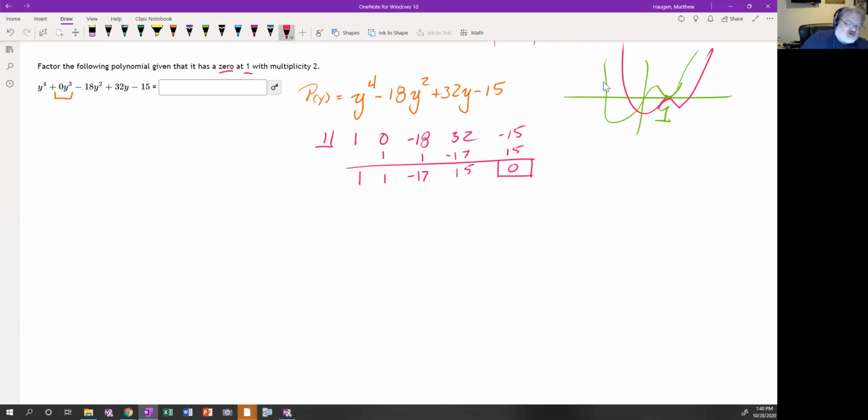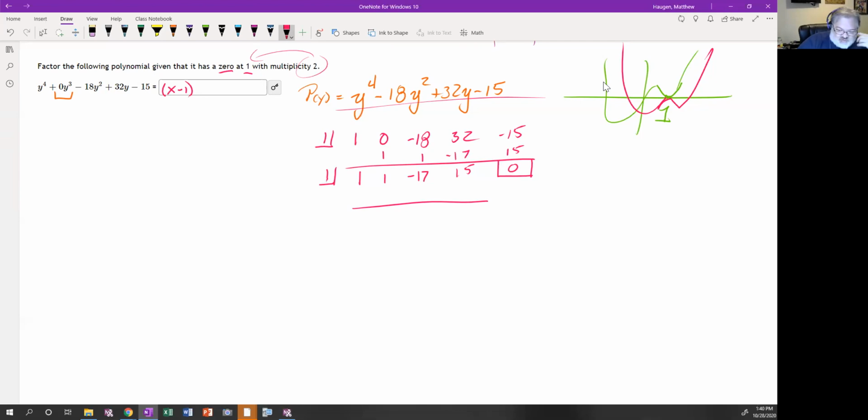But we've also broken this 4th degree polynomial down into a 3rd degree polynomial down here, right? So we know one of the factors is x minus 1, great. But we also know because that has a multiplicity of 2, it should work twice.